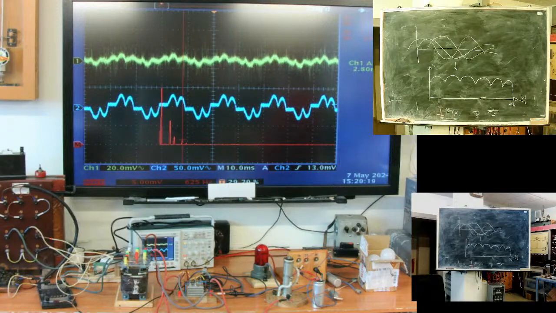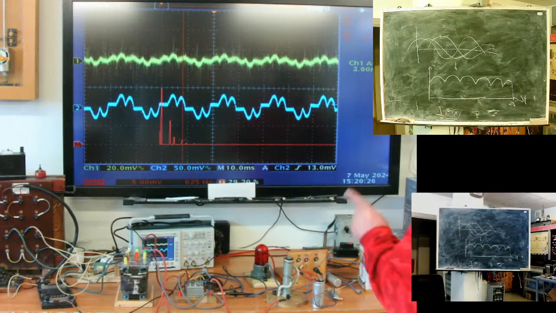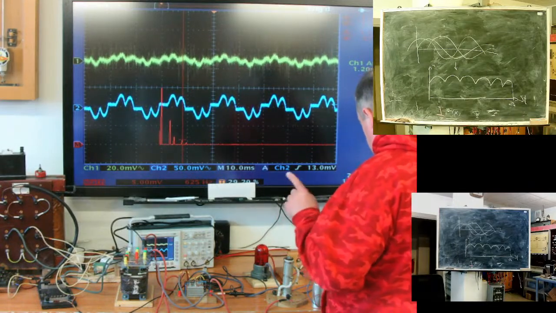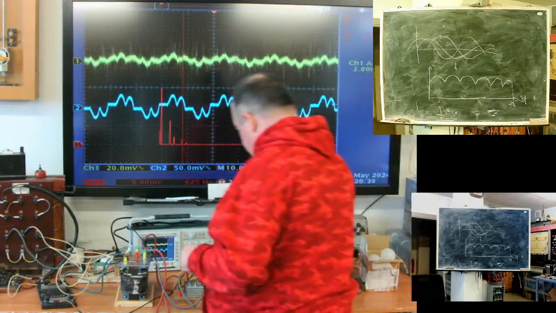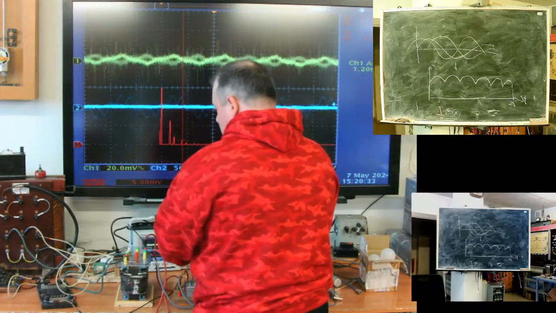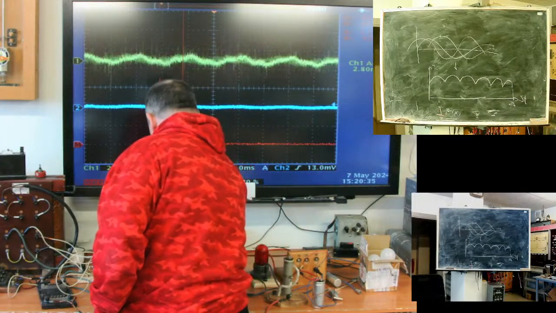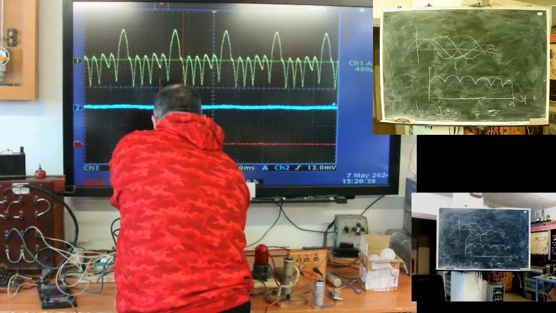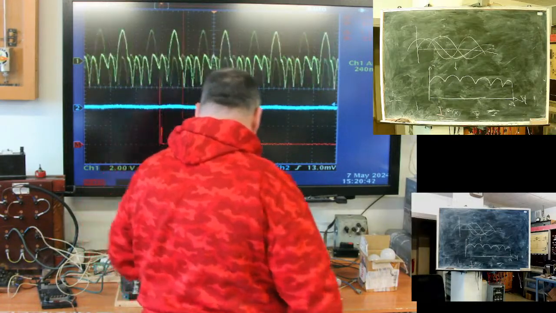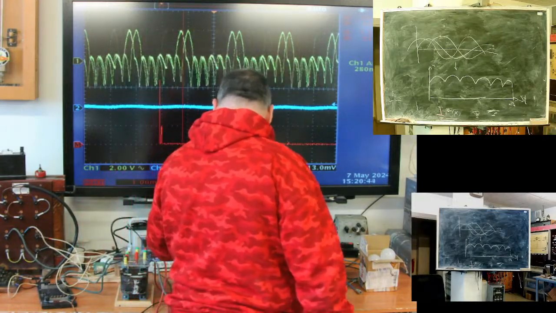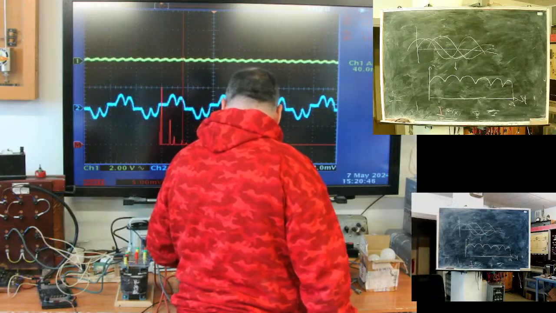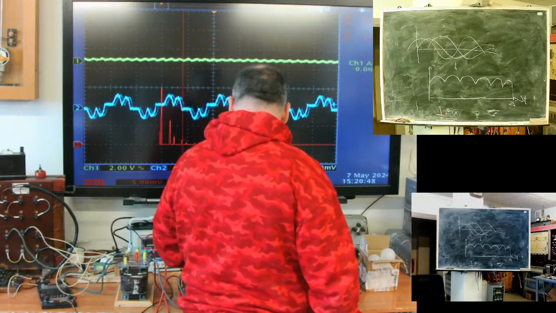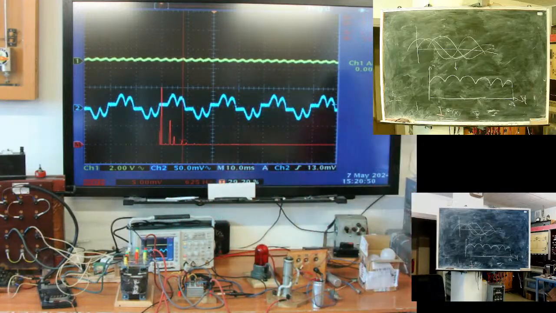That's why you will never see neutral current. If there's one second, I can try to show it.